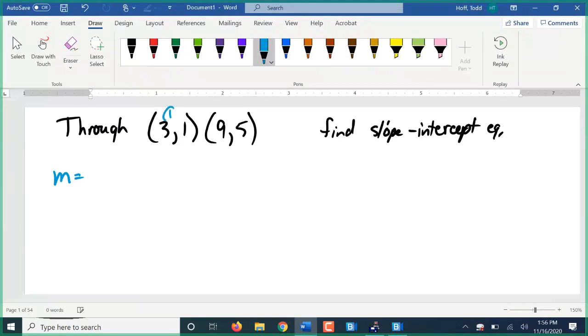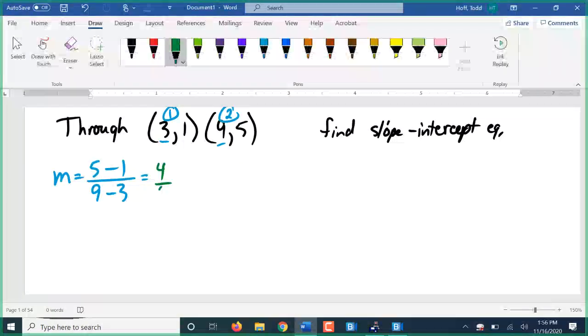We'll label them points 1 and point 2. Our slope, y2 is 5 minus y1 of 1, over x2 of 9 minus x1 of 3. 5 minus 1 is 4. 9 minus 3 is 6. Both 4 and 6 divide by 2, giving us 2/3.